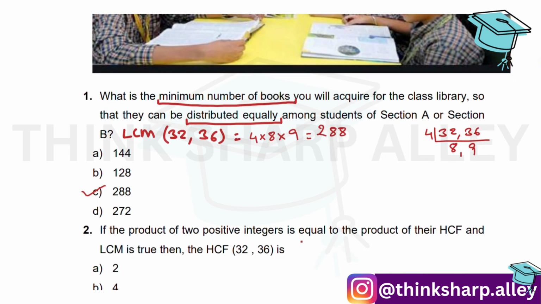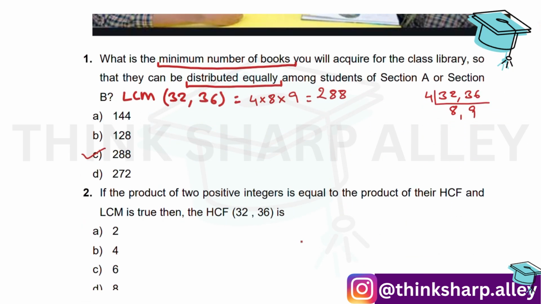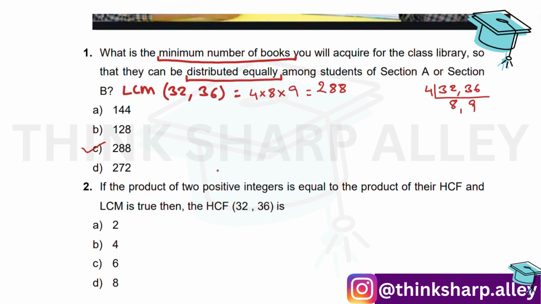Moving on to the next question, if the product of two positive integers is equal to the product of their HCF and LCM. We know the product of the two numbers is always equal to HCF into LCM. So the HCF will be equal to 32 into 36 divided by their LCM, and we have just found the LCM to be 288.